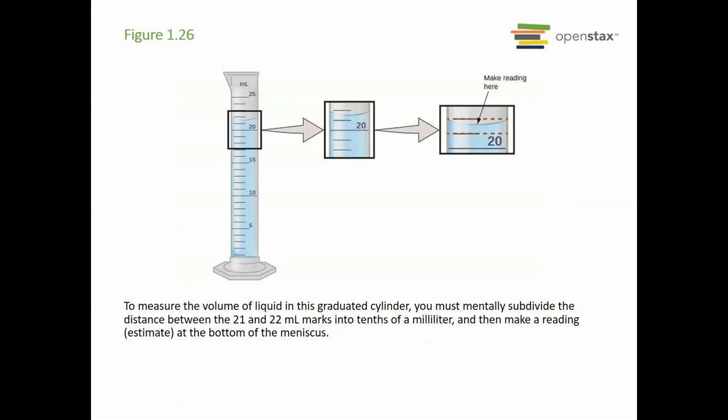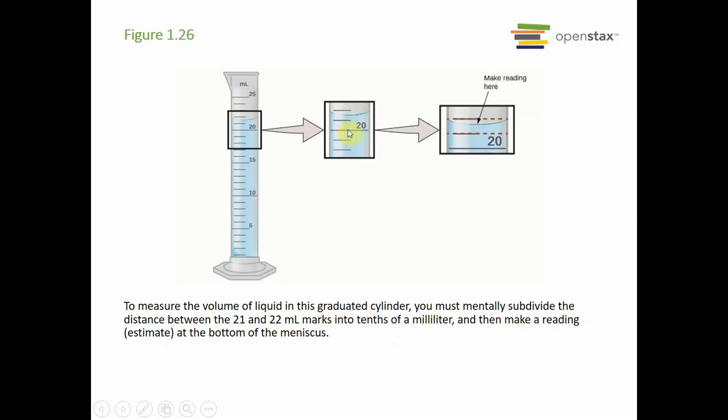To measure the volume of a liquid in this graduated cylinder, you must mentally subdivide the distance between the 21 and 22 milliliter marks into tenths of a milliliter, and then make a reading, an estimate, at the bottom of the meniscus.